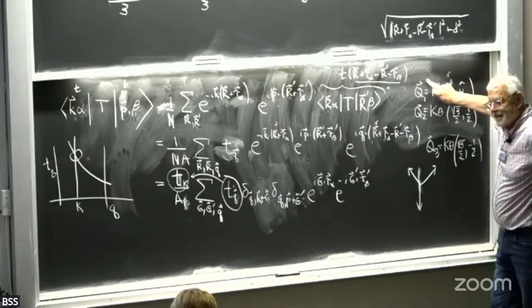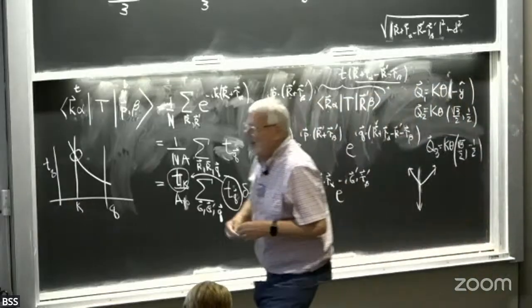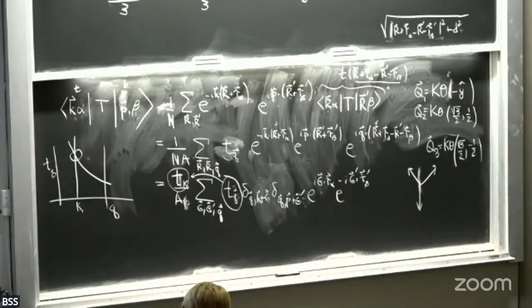So if you describe it that way, then if I start in the red layer and I tunnel to the other layer, in one gauge choice, I'll end up at the same momentum.